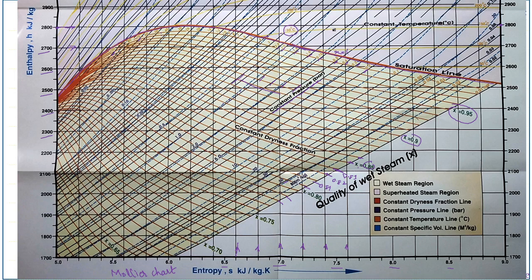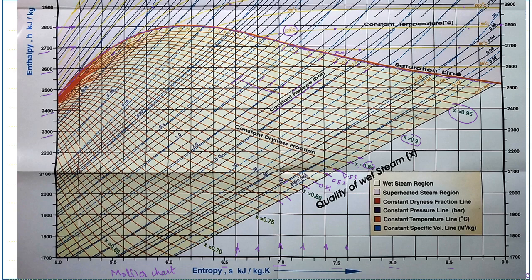So this line is representing constant temperature. This is representing another constant temperature, say 100 degrees Celsius. 100 degrees Celsius, 150 degrees Celsius, 200 degrees Celsius, and here you can see 250, 300, 350 degrees Celsius.